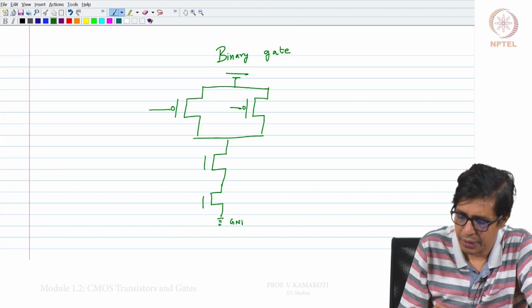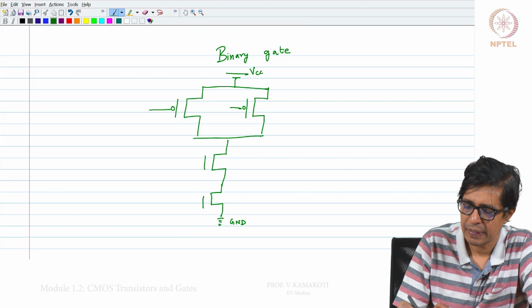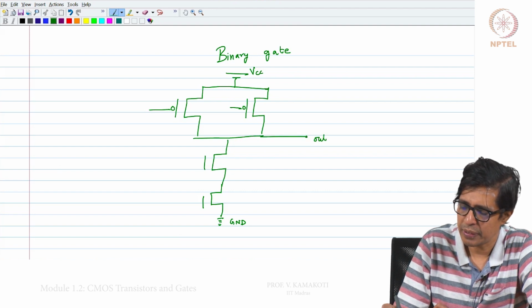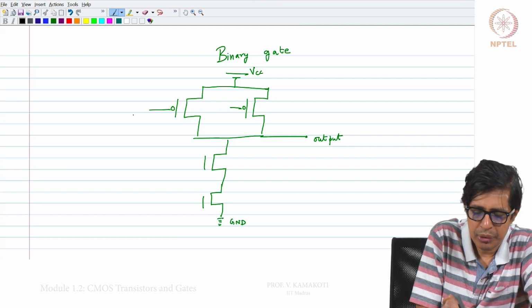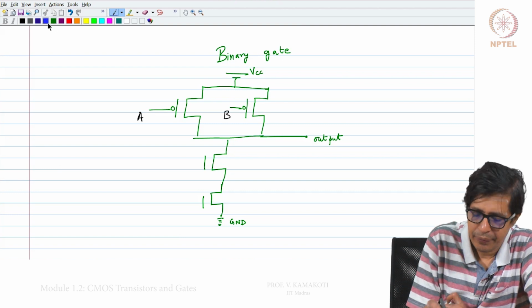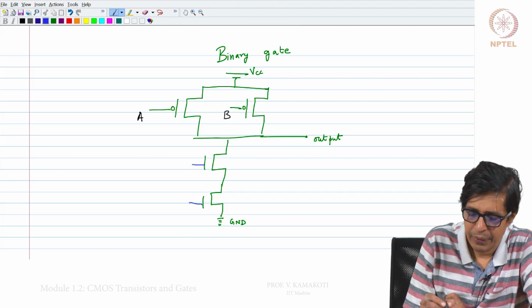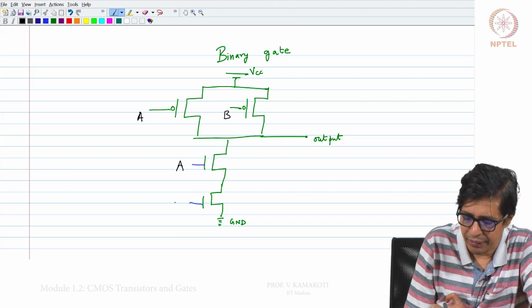This is ground and this is VCC and this is output. These are the inputs, this is A and B. The same A and B are given here also.